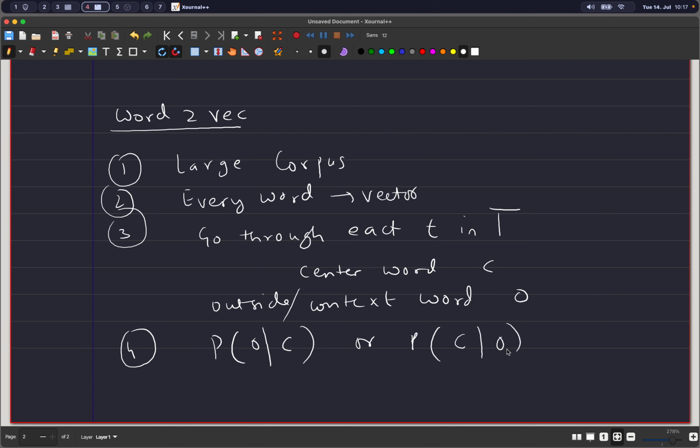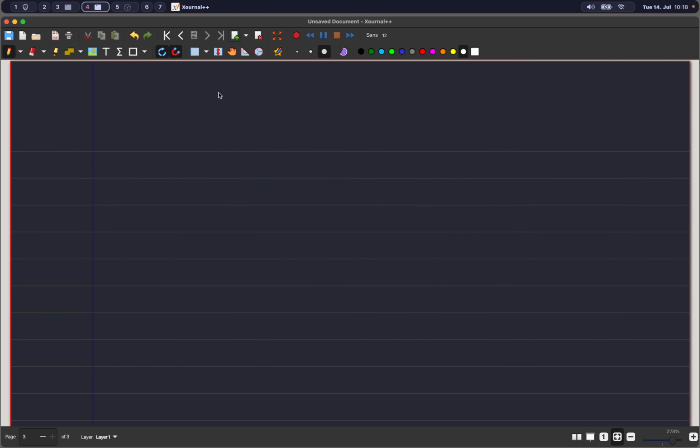We will keep adjusting the word vectors to maximize whichever probability we select. So the goal is to keep optimizing the vectors such that the probability of the outside word given a center word, or the center word given an outside word, keeps on increasing. The goal is simply this.